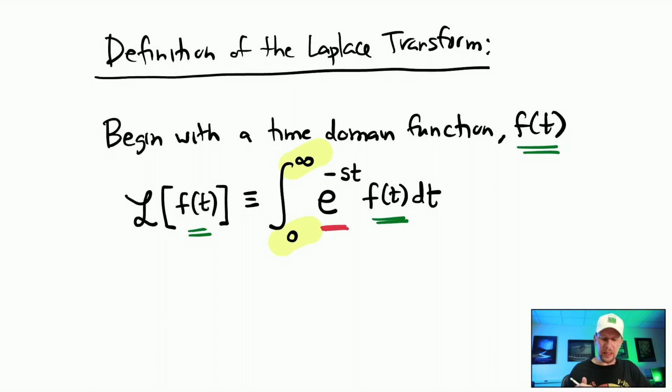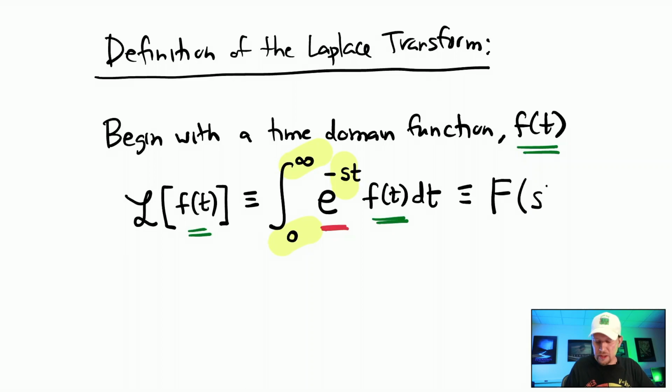However, what will be left over because of the appearance of this value of s is a new transform function, essentially a new variable. T has now disappeared, but it has now been replaced by s. So here, the resulting function, once this operation is carried out, we use the capital letter F to denote this new function.